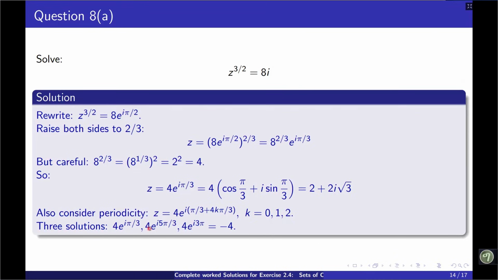The second is 4 times e to the power of i 5 pi over 3. And the last one is 4 times e to the power of i 3 pi, which is equal to negative 4, because cosine of 3 pi is negative 1 and sine of 3 pi is already 0.